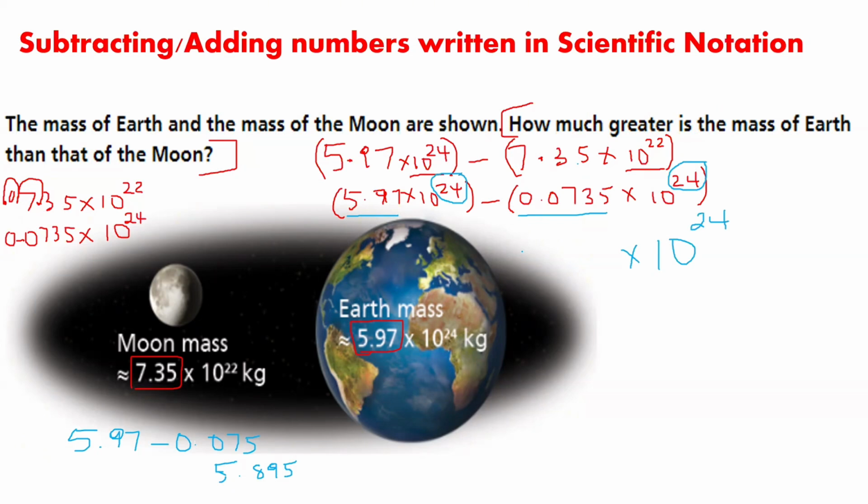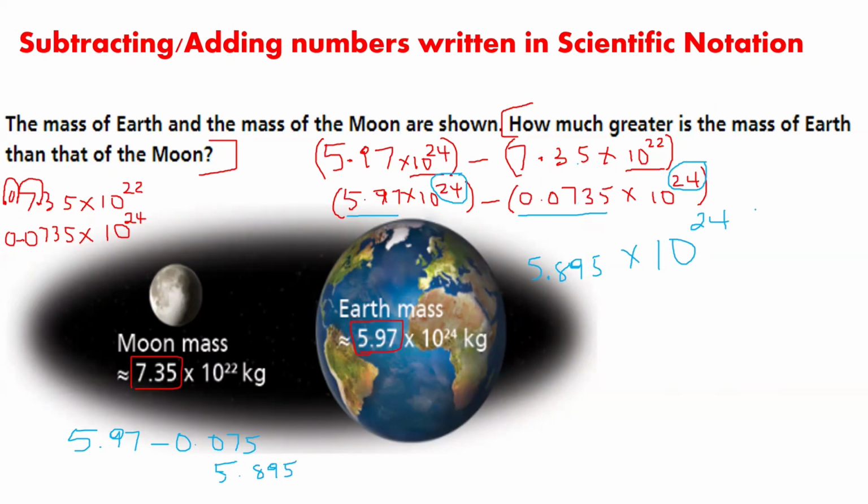In this problem, it did not ask us. However, because we are looking at numbers in scientific notation, I'm going to write my answer in scientific notation. It is going to be 5.895 times 10 to the 24th. This is our solution here. It says how much greater is the mass of Earth than that of the moon.